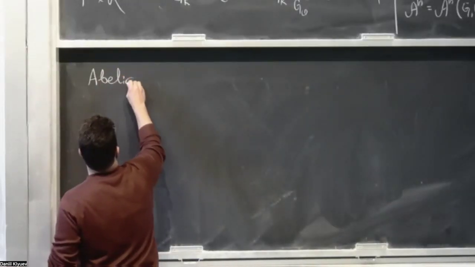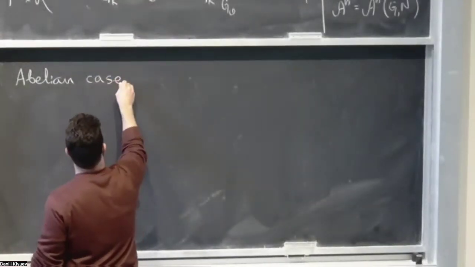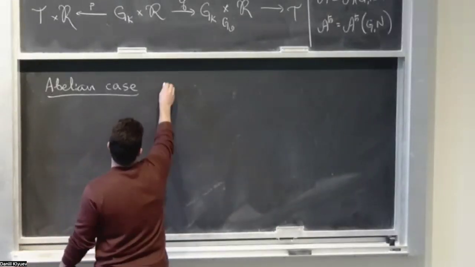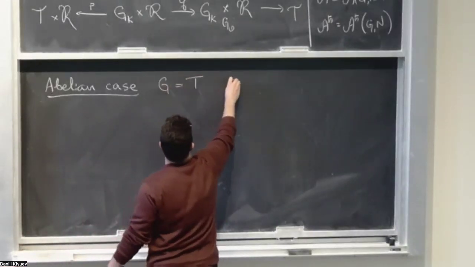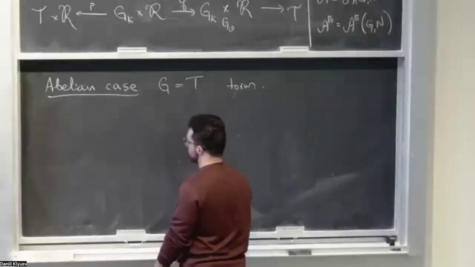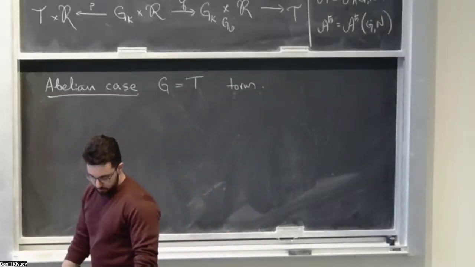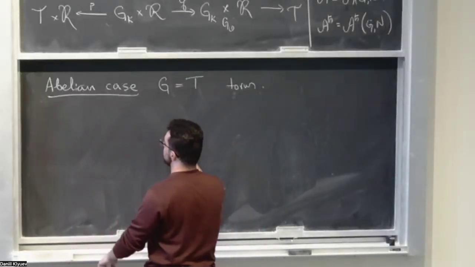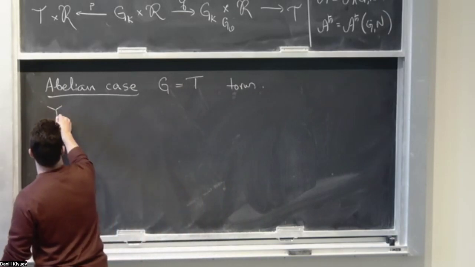Do the Boolean case. E equals T is a torus. This is the BFN notation.